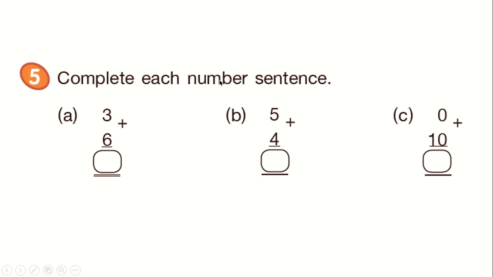Complete each number sentence. This is what we call vertical format of addition. So 3 plus 6 is the same as 9. Now write your answer for part B and part C.